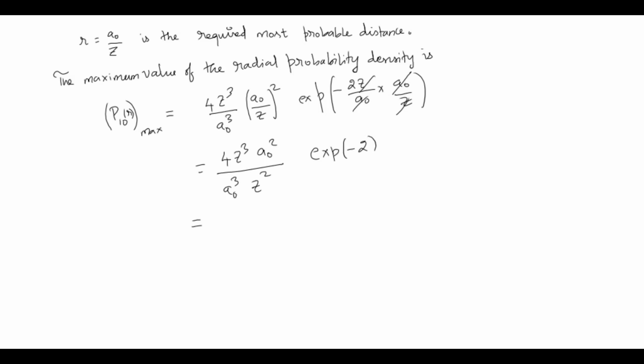Therefore one a_0 survives in the denominator and one Z in the numerator: 4Z by a_0 times exponential of minus 2, and this is the maximum value of the radial probability density.